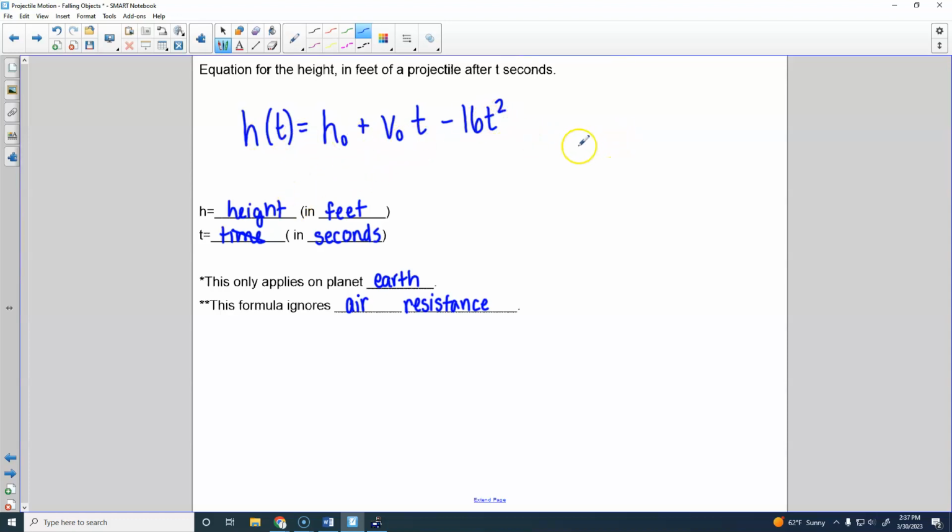Specifically, I do want to say this h sub 0 is going to be your initial height. And v sub 0 is your initial, pretty close, initial upward velocity.